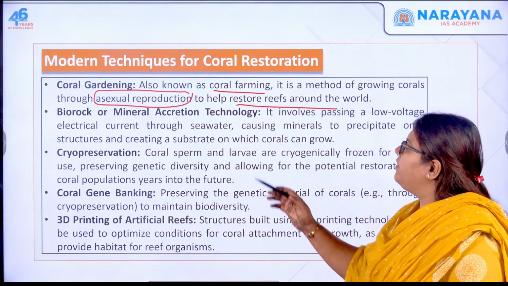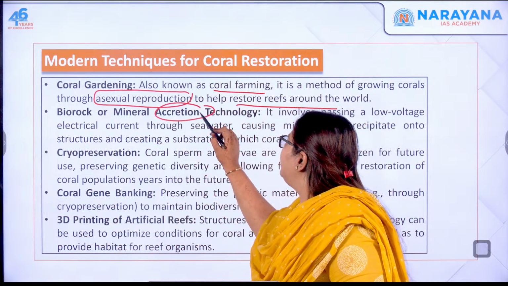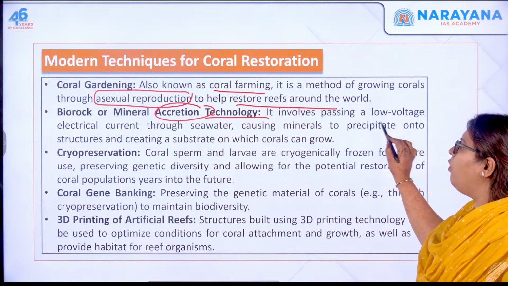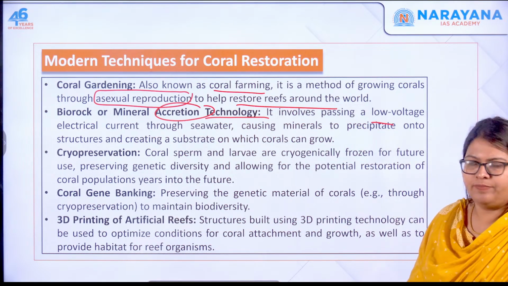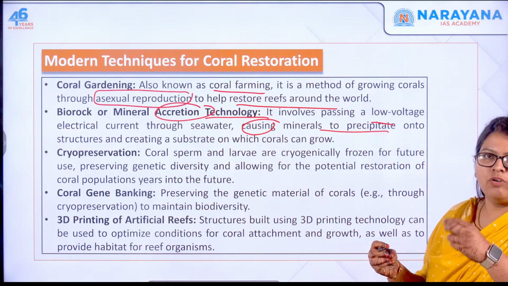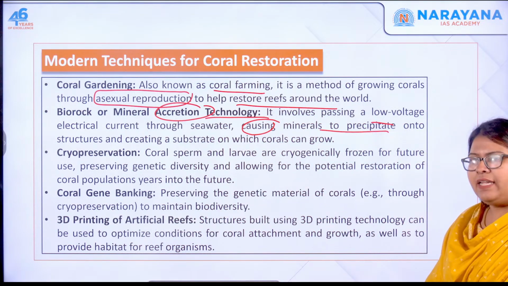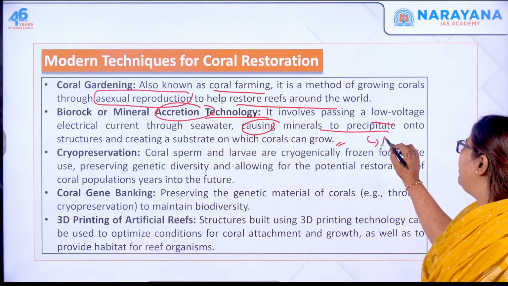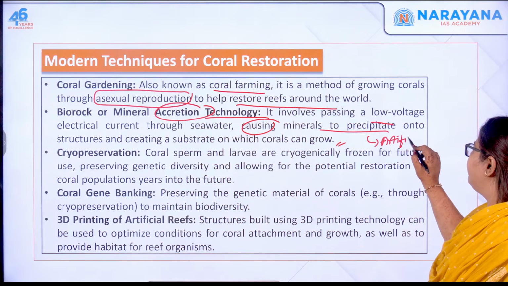Next one is the biorock or mineral accretion technology. Here they pass a low voltage electric current through seawater, and through this they cause the minerals to precipitate onto the structures, and they create a substrate on which the corals can grow, something like artificial reefs.